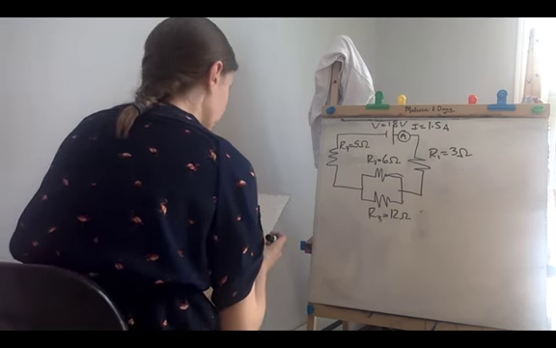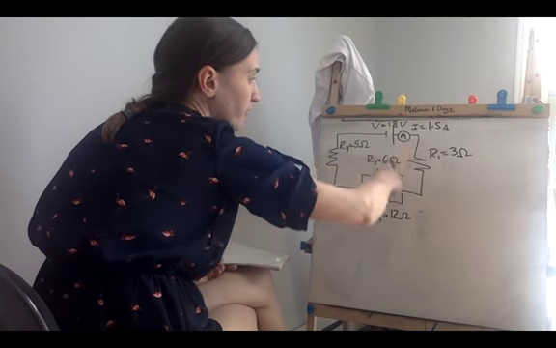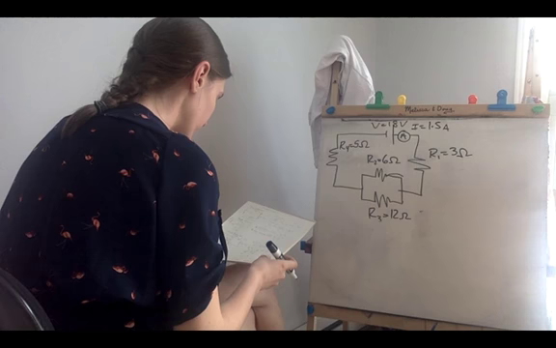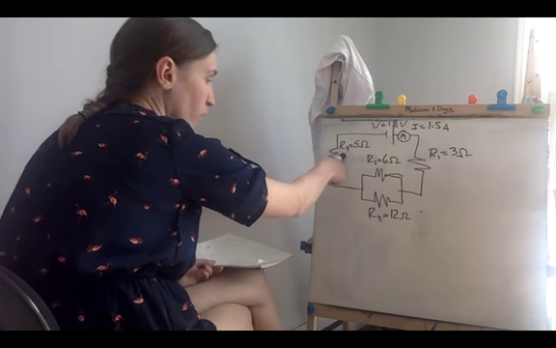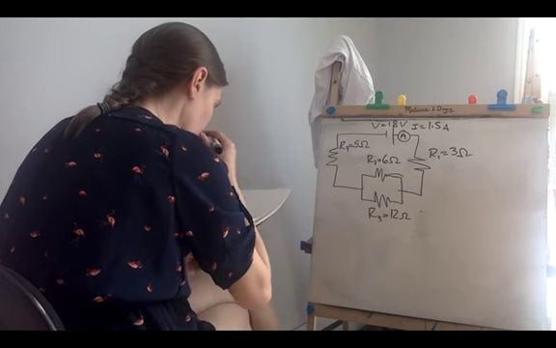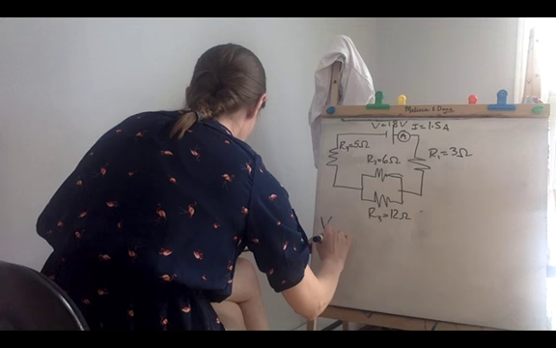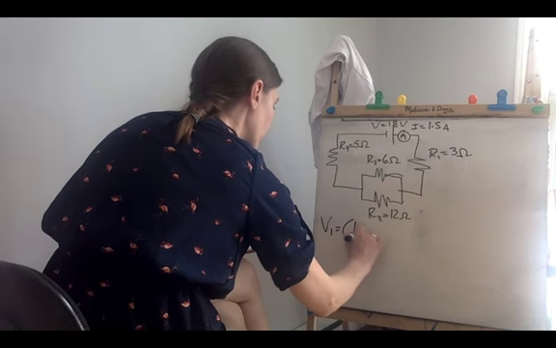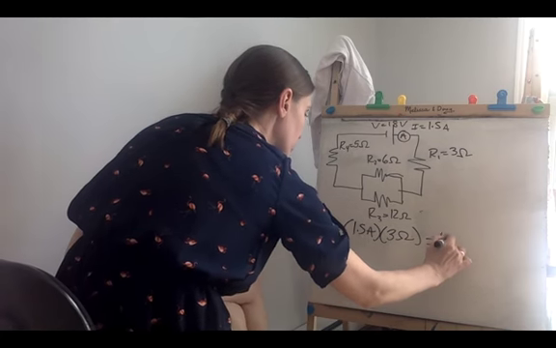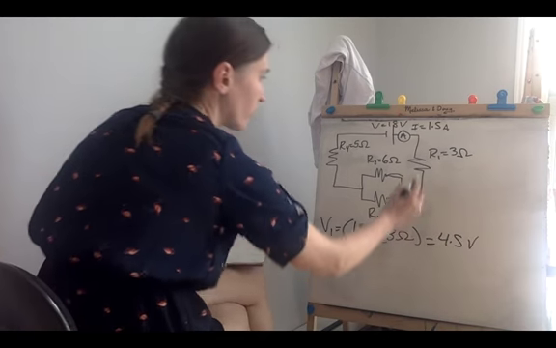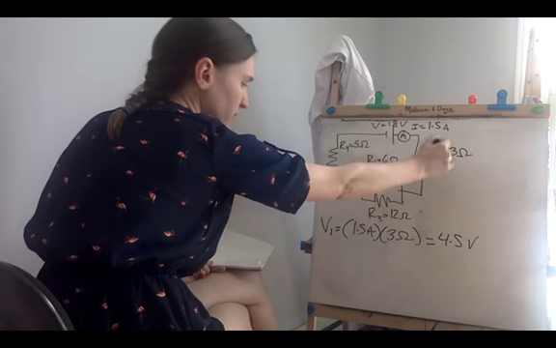What we can figure out first is the voltage drop when it passes through R1, and the drop as it passes through R4, and then we can figure out the other ones. So V1 is going to equal 1.5 amps multiplied by 3 ohms, which is 4.5 volts, so you get a drop of 4.5 volts here.